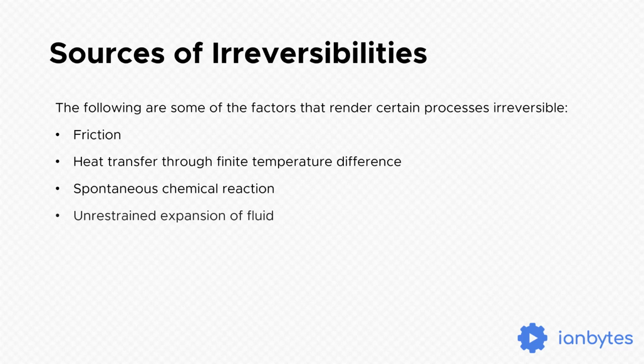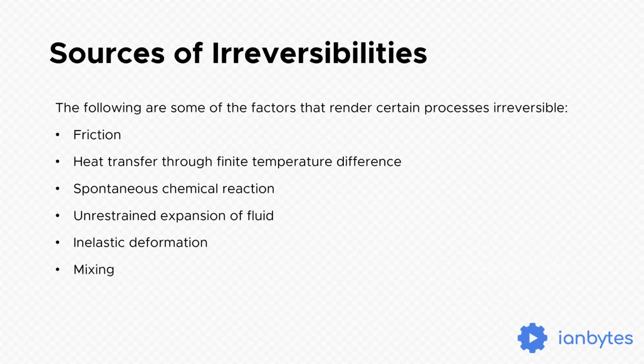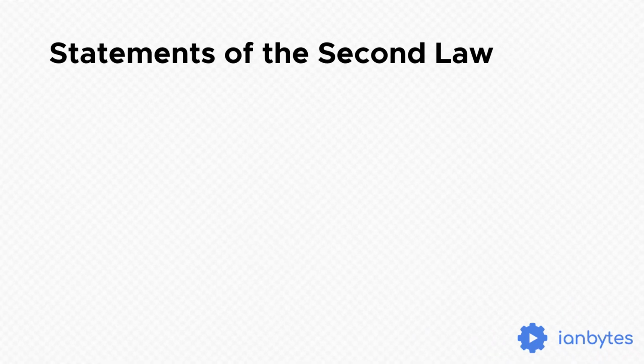An unrestrained expansion of fluid na highly similar sa ating pressurized air example kanina ay isa ring source ng irreversibility. Finally, ang elastic deformations at mixing are also sources of irreversibility. Take note na ang listahan ay hindi natatapos dito, pero sa konteksto ng thermodynamics, ito yung usually sources ng mga irreversibilities sa ating processes.